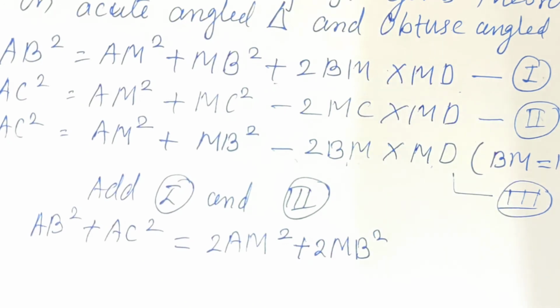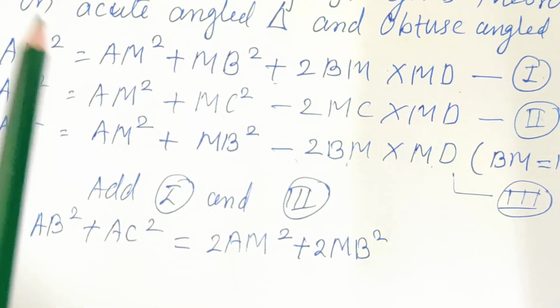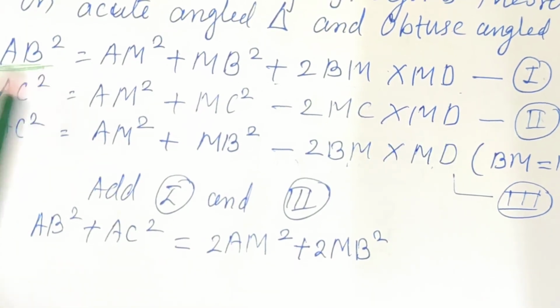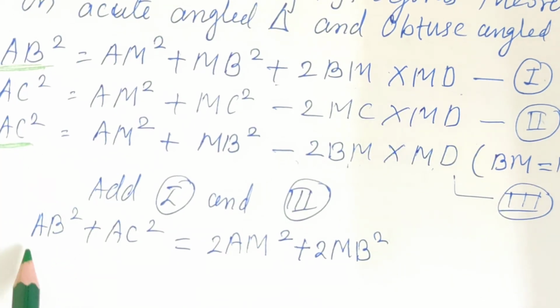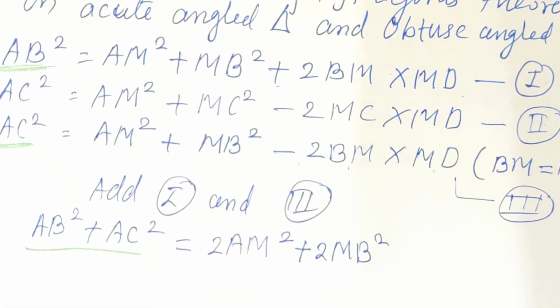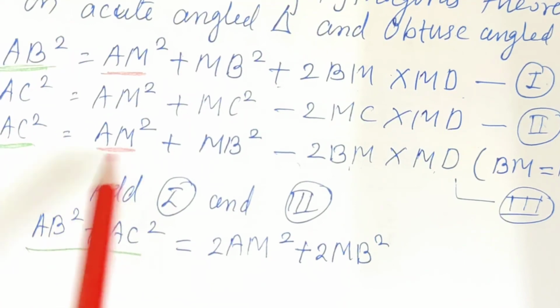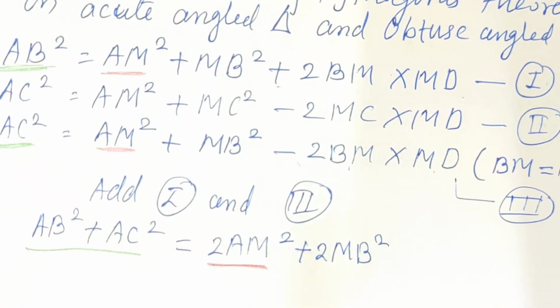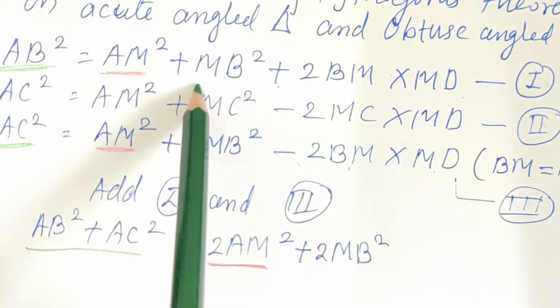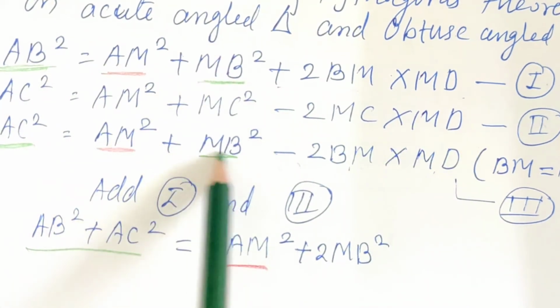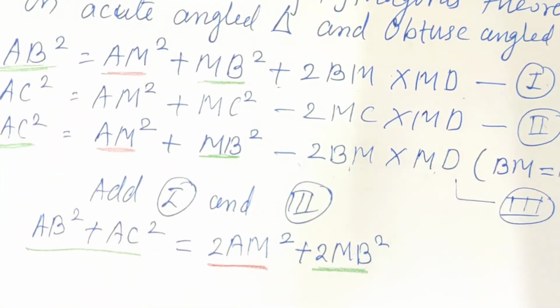So this way we can prove the Apollonius theorem. See what we add here. I am just showing you this. We added AB square and AC square. Then we added AM square plus AM square is equal to 2AM square. And again we added MB square plus MB square is equal to 2MB square.